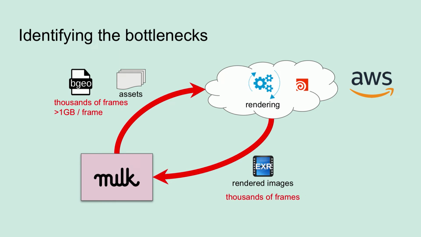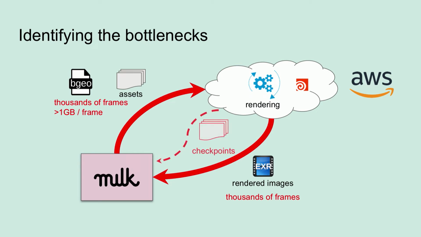And in the other direction, because the deadline was very tight for that project, we had to pile up all the jobs, we had to scale up the cloud usage, which meant we had thousands of frames to retrieve from the cloud, and that was another bottleneck.